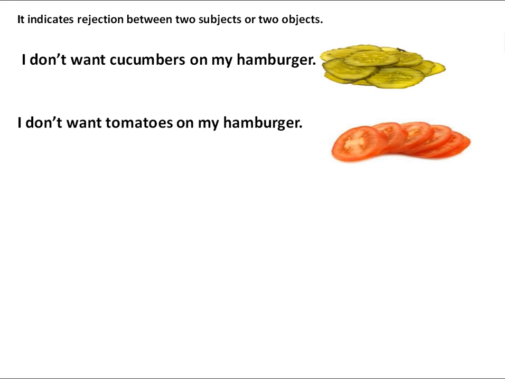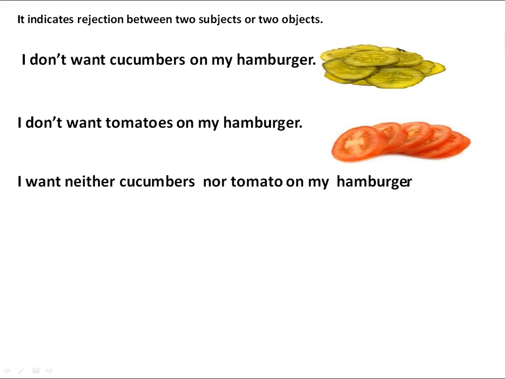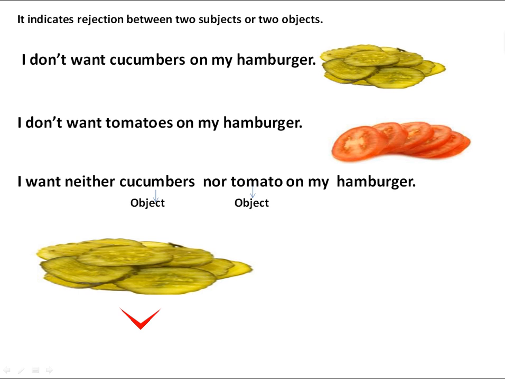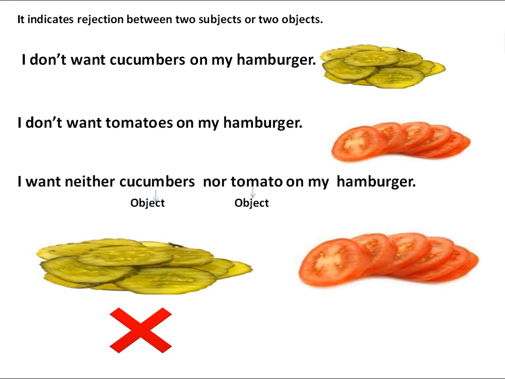So to make it easier to say together, we could say, I want neither cucumbers nor tomato on my hamburger. So here cucumbers and tomatoes are two objects. So I don't want cucumbers, I don't want tomatoes, right? So this is one sentence. We could say it this way, I want neither cucumbers nor tomato on my hamburger.